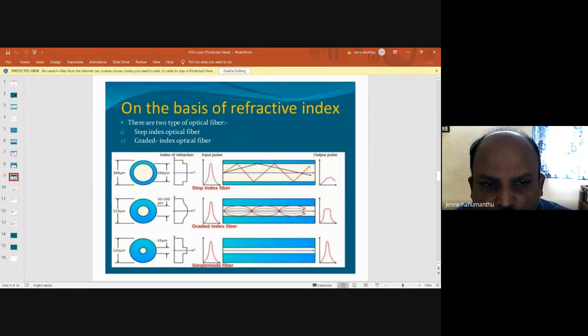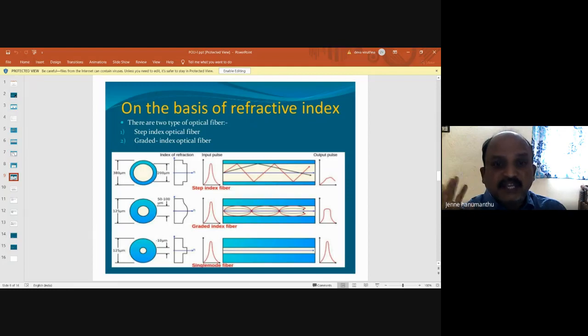Generally, from one end to the second end, the maximum fiber length is 1 kilometer. How many fibers do we need for a 50 kilometer long haul link? Definitely we need 50 optical cables. From here to Hyderabad, say for example, 500 kilometers, we need 500 cables for making the optical communication link.